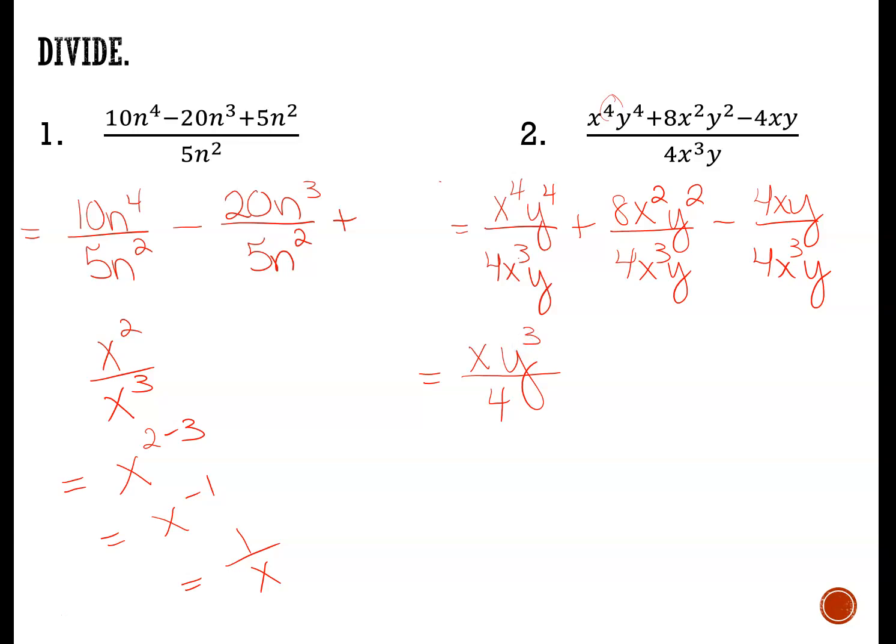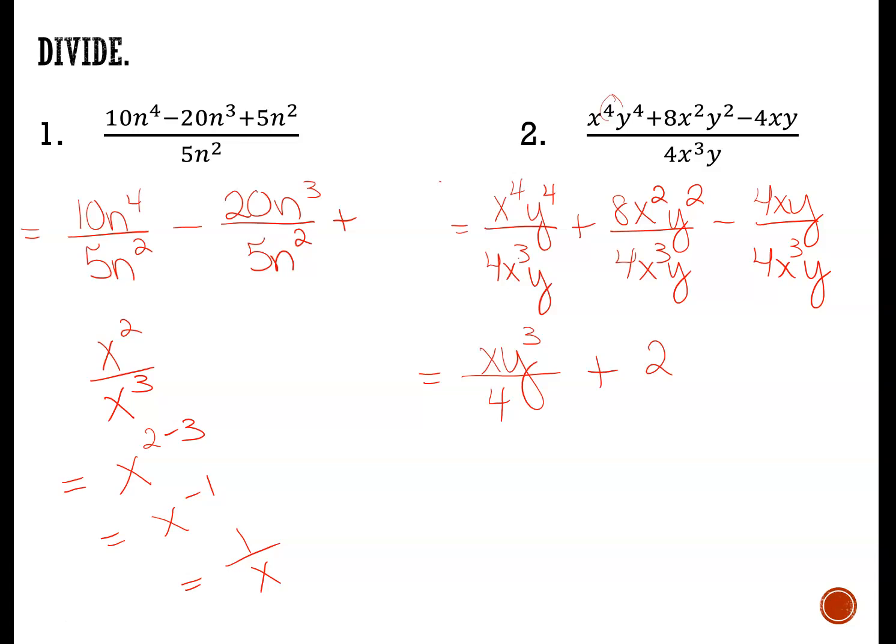So xy cubed over 4. Plus, okay, second fraction here, I'm going to do 8 divided by 4. And since 4 goes evenly into 8, I'm just going to make it 2. I don't have to have a fraction.